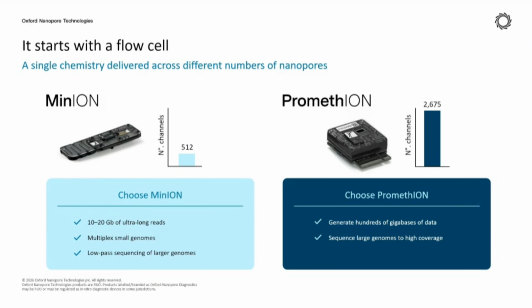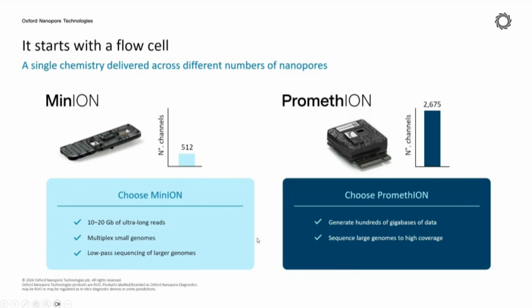In that case, we might go for the PromethION flow cell, which can generate over 100 GB of data for one sequencing run. So the MinION flow cell is suitable for small genomes or applications that require lower data throughput, and the PromethION flow cell is designed to generate large data for applications that require higher data throughput.